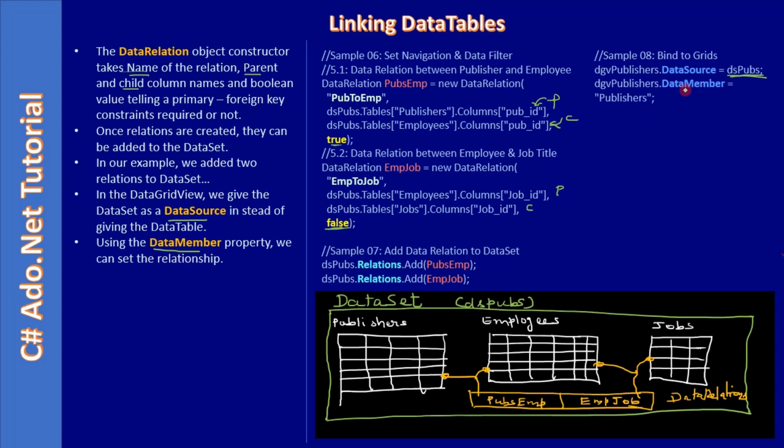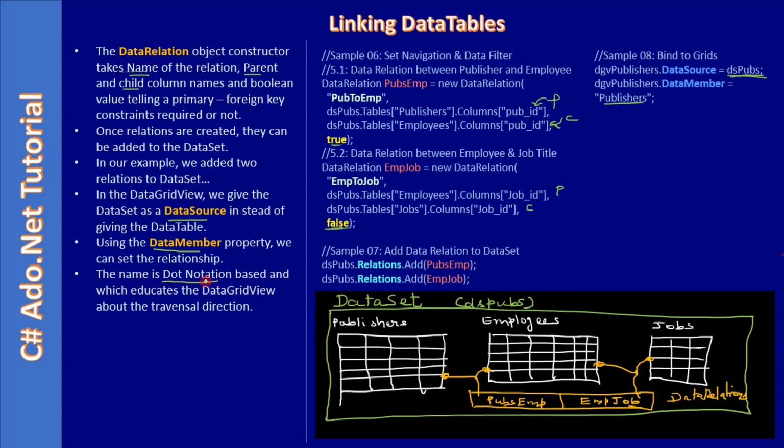Here, if you see in data member, this time we gave publishers. Publisher is nothing but our data table name. So for the data source we gave the dataset, then we gave the initial table as publisher. If you want to give a relation, you can give that also, and you can give the relation in terms of dot notation.